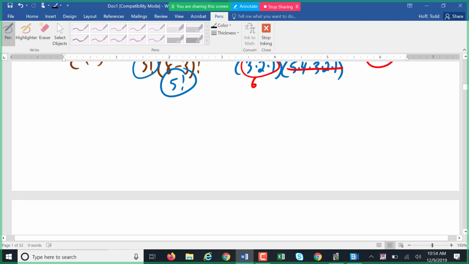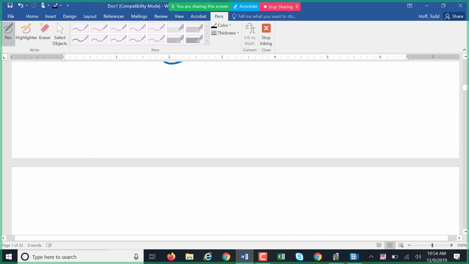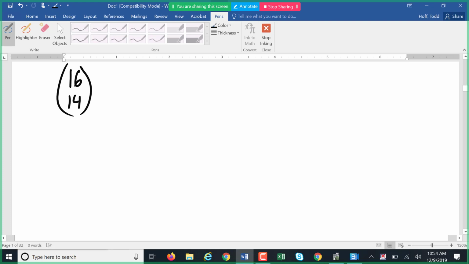So if I look at, let's say I have 16 and I want to choose 14. So that's 16 factorial over 14 factorial, and 16 minus 14 factorial.